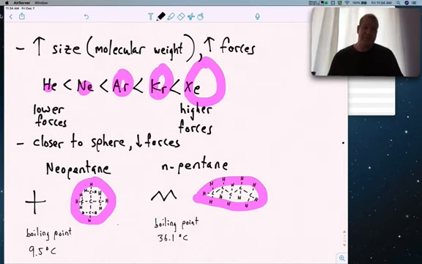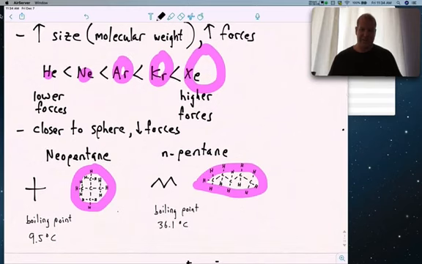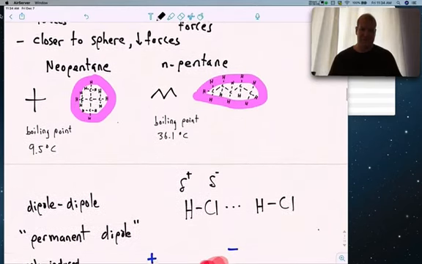So the higher the boiling point, the stickier, the more attractiveness there is between the molecules. So normal pentane, even though it has the same number and type of atoms, has a flat shape that gives it more dispersion forces.